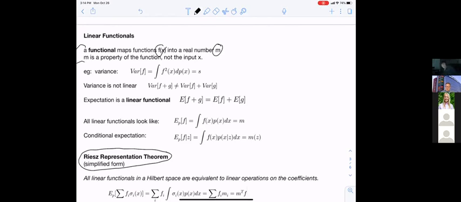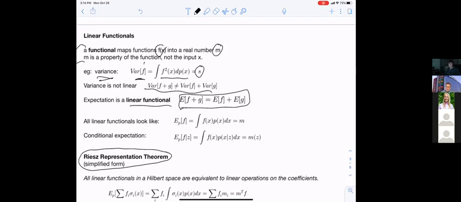So an example of a functional might be the variance, right? The variance of a function takes a function f, calculates this integral, and creates a number from it, right? The variance, of course, is not linear. So if we talk about linear functionals, we might look at something like the expectation operator, which is a linear function.